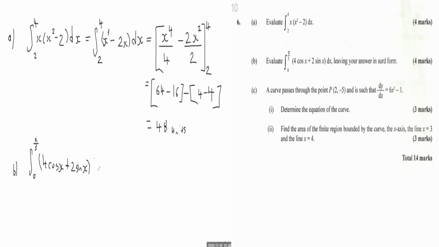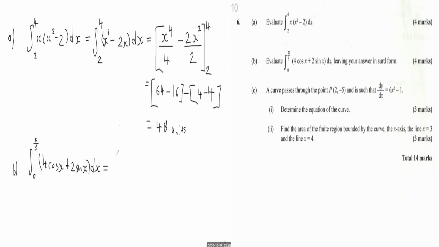Nice and easy. This is what we have. So the integral from 0 to pi by 3 of 4 cos x plus 2 sin x.